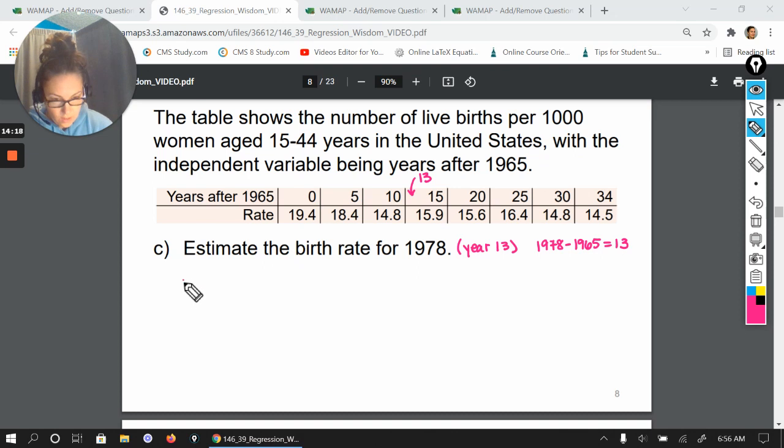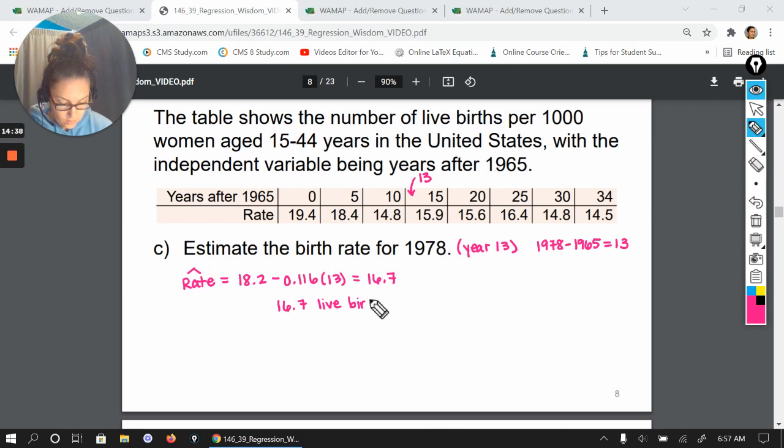So we take our equation. So the predicted rate equals 18.2 minus 0.116 times 13, and this equals 16.7. So this is interpreted as 16.7 live births per 1,000 women.